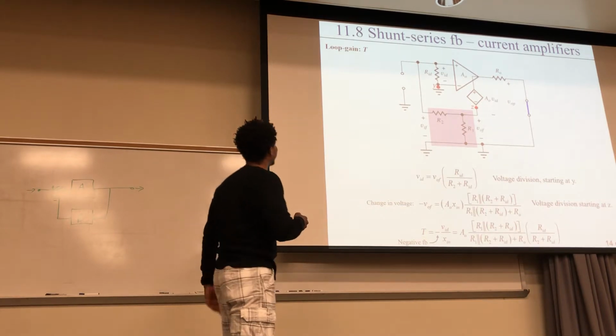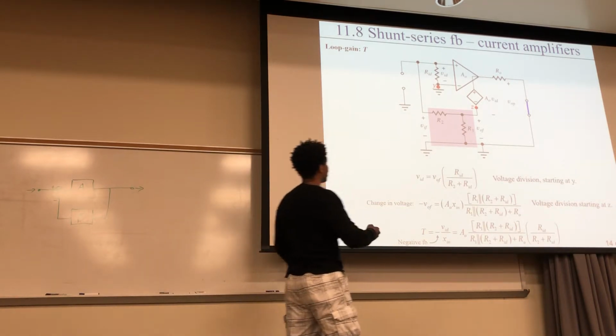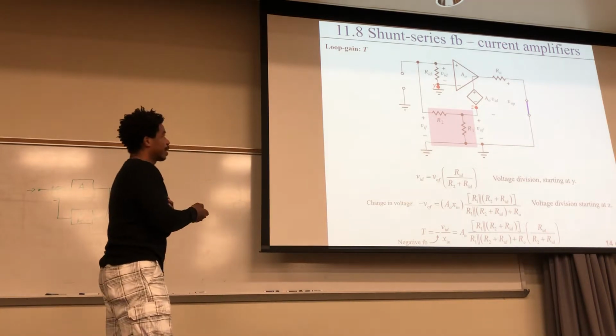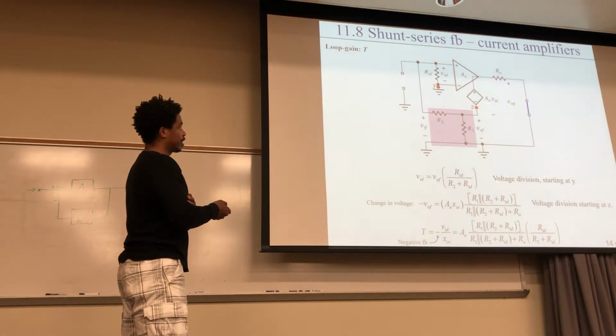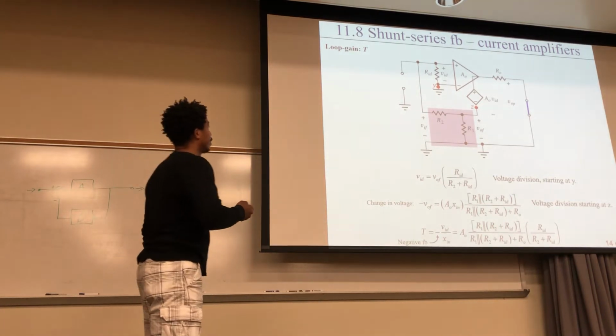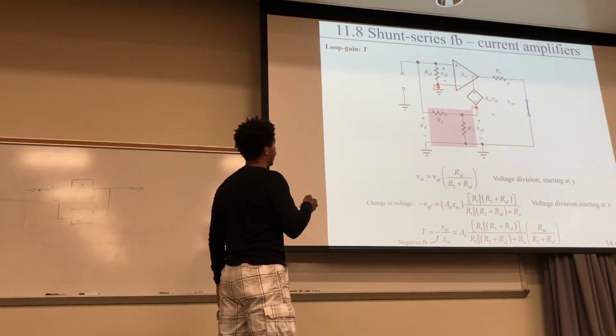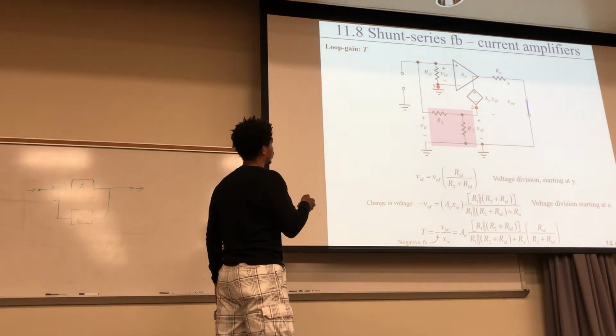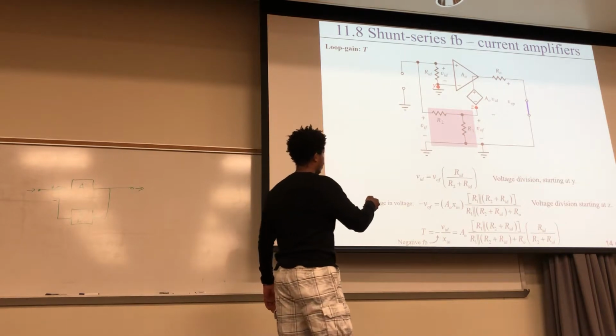Okay. So for your loop gain, a little more complicated, but one thing you want to do is your voltage division starting at Y for this VID right there. So you start at Y, and you go around this way right here to where this part is.